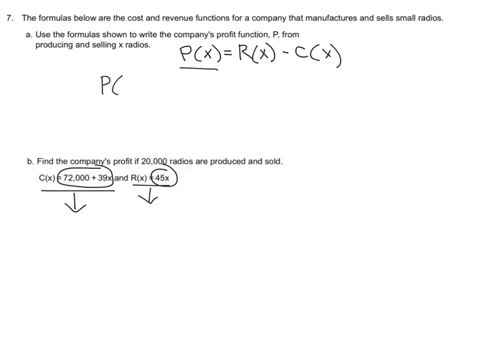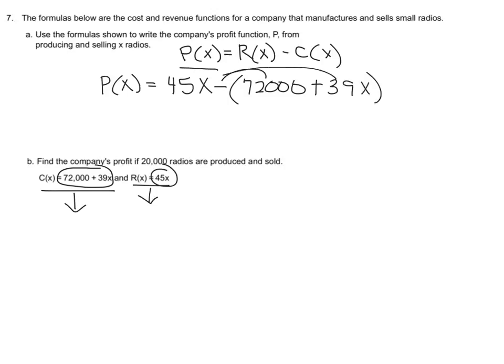So I get P of x equals the revenue, which is 45x, minus the cost, which is 72,000 plus 39x. To simplify this, you need to distribute the negative sign to both terms in parentheses. Next, we're going to combine like terms.